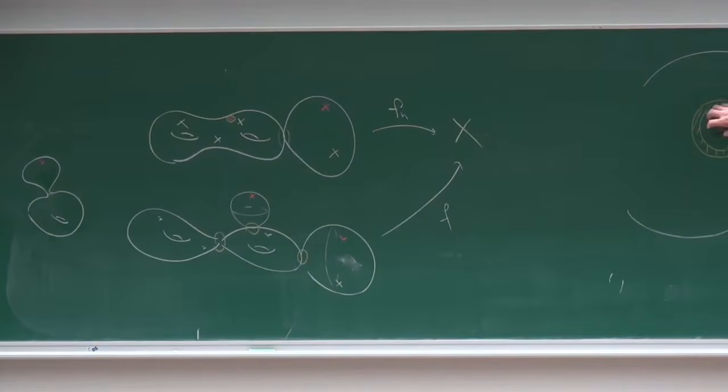And if you look at this in a different picture, maybe it can be written as this. So here is this kind of bubble, and then you have a kind of neighborhood in here.